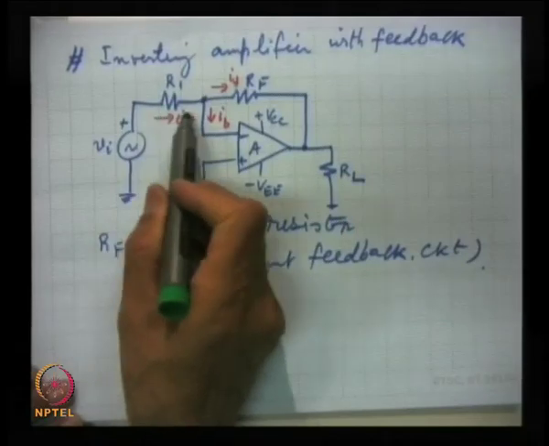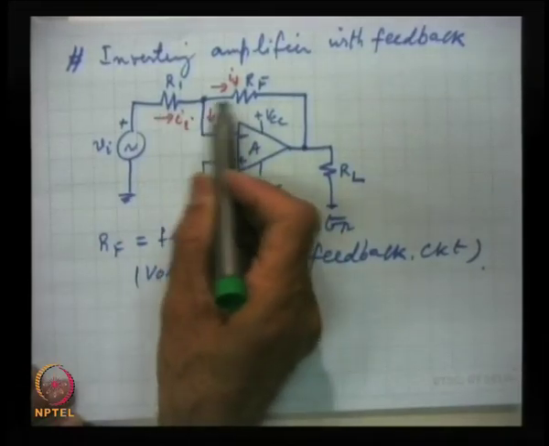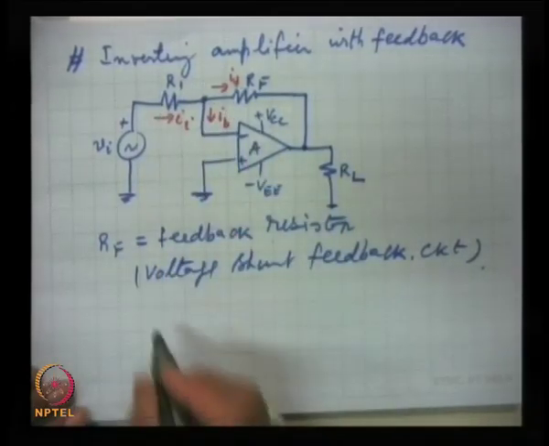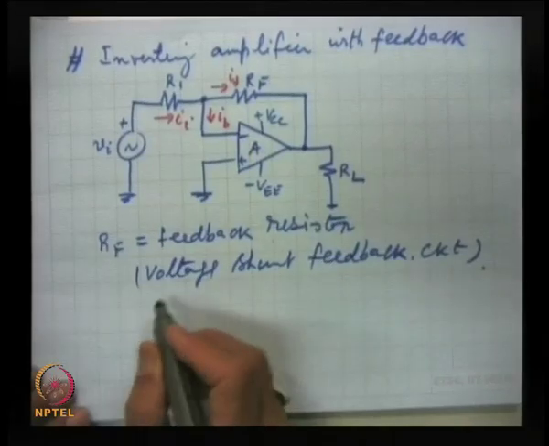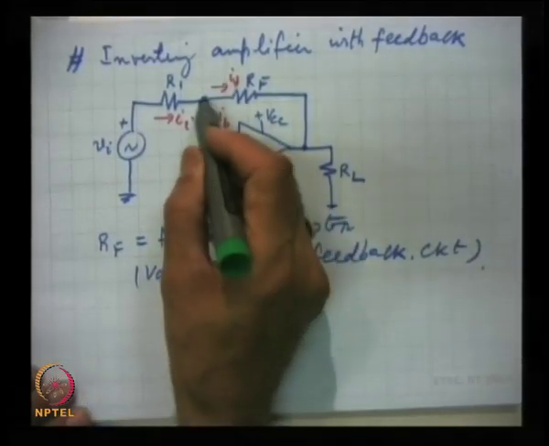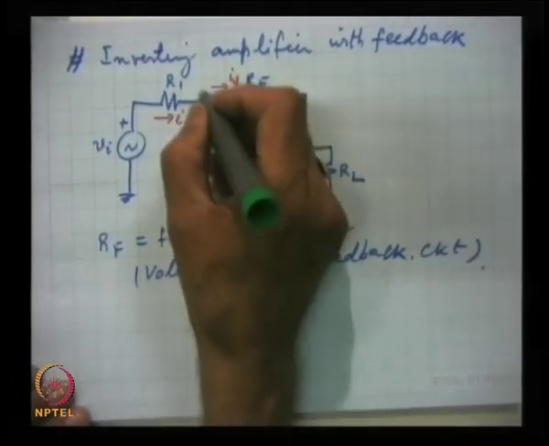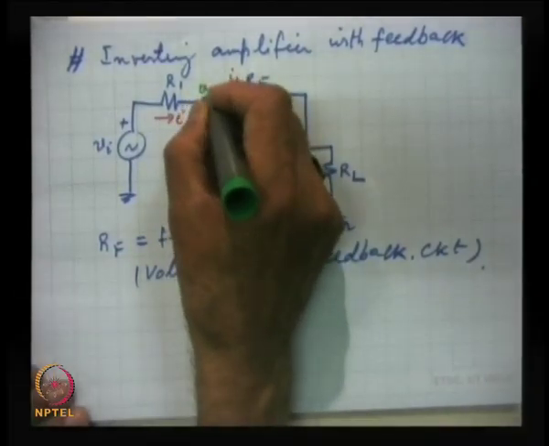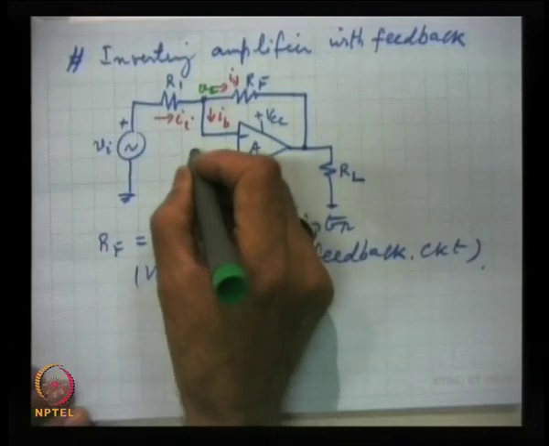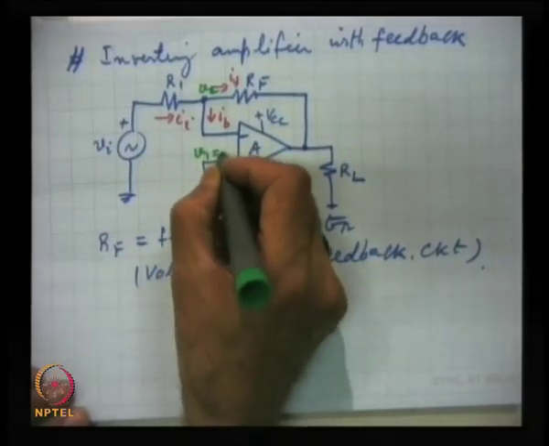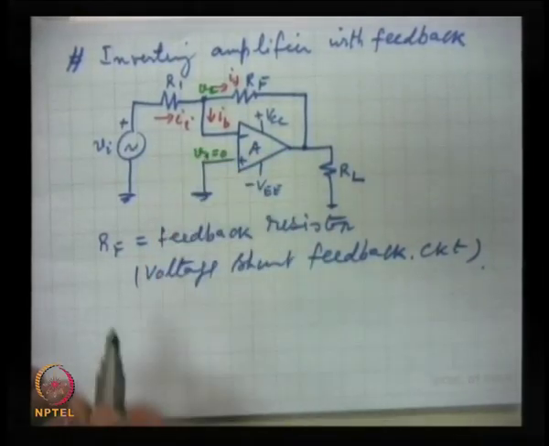This is the input current, which is divided into two parts. So obviously, summing up the currents at this point, which is V2, and this is V1, and this is of course 0 because it has been grounded.